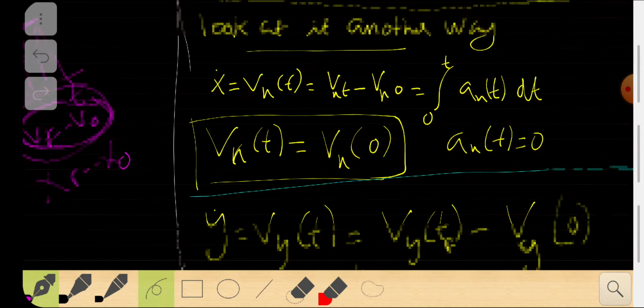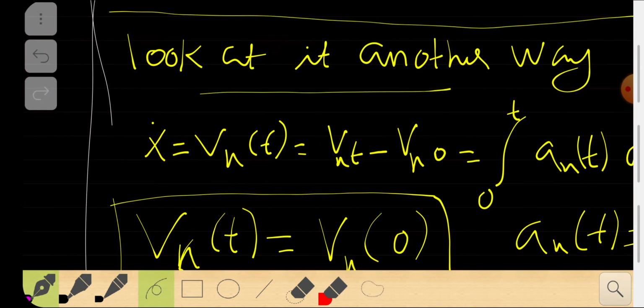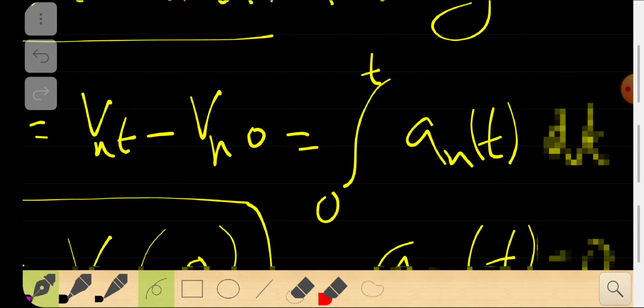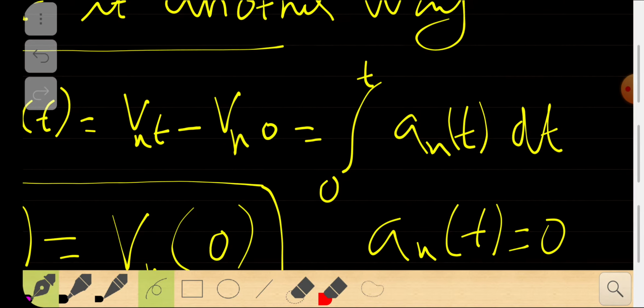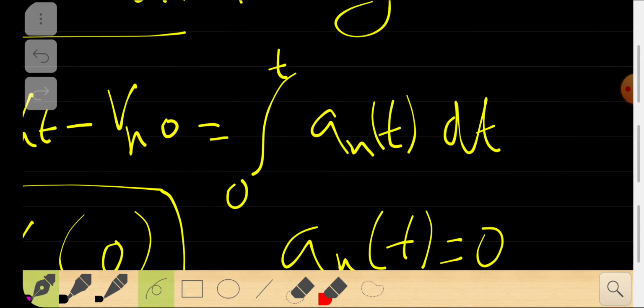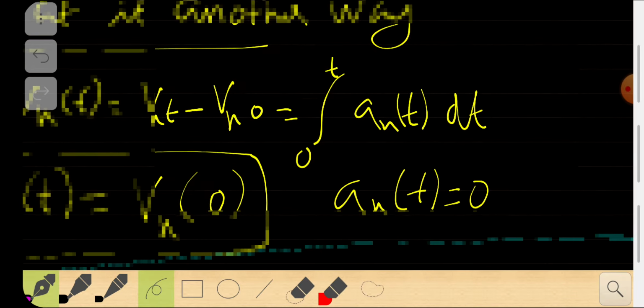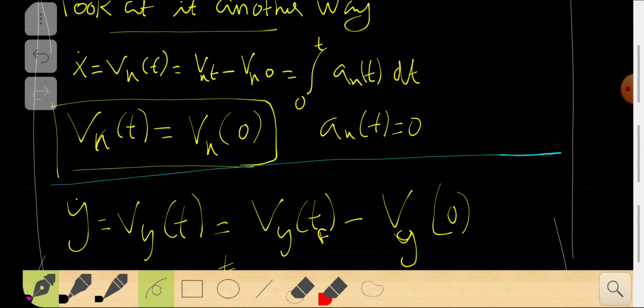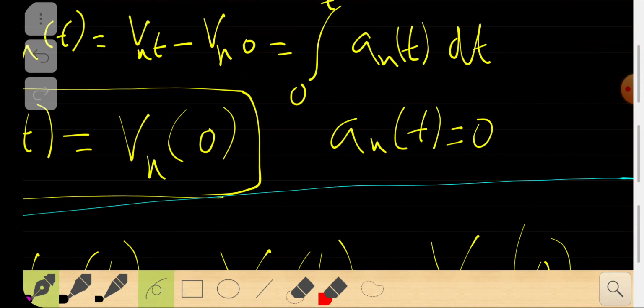Okay, so here we are considering the velocity. The velocity is the area under the acceleration curve, so v of x at time t final minus v of x0 will be the integral from 0 to t of ax of t times dt. We remember that in the x-axis there is no acceleration, so ax is 0.